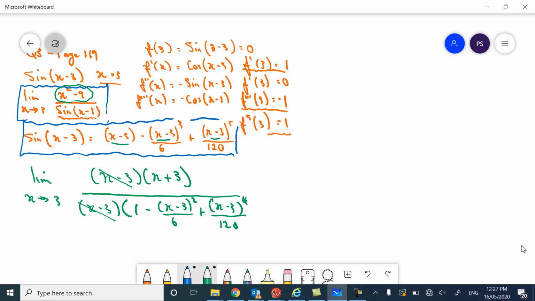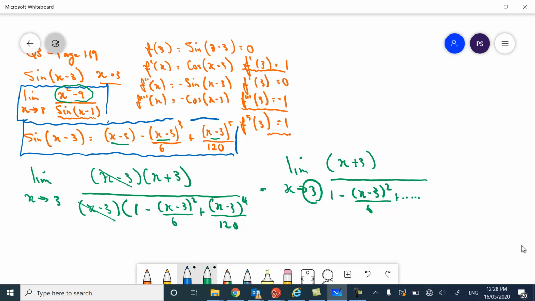Okay, now as x approaches 3, we'll just simplify this a bit. This is now the limit as x approaches 3 of x plus 3 divided by 1 minus (x minus 3) all squared on 6 plus, and I won't do the rest of it because, of course, when we put 3 in here, that's just going to become 0.